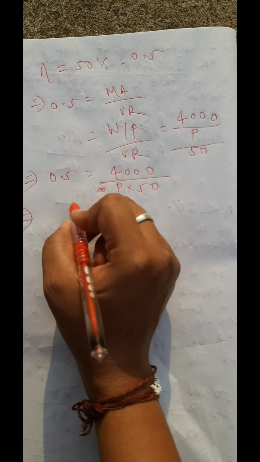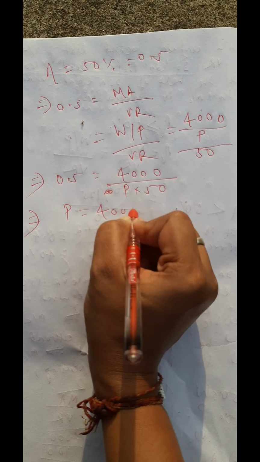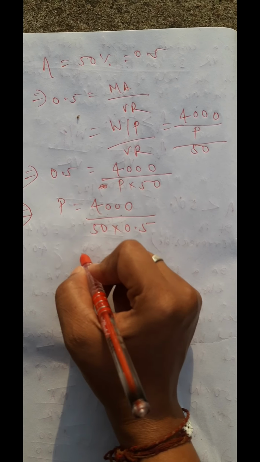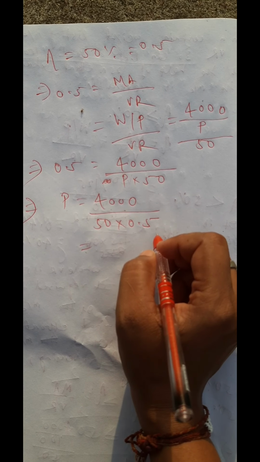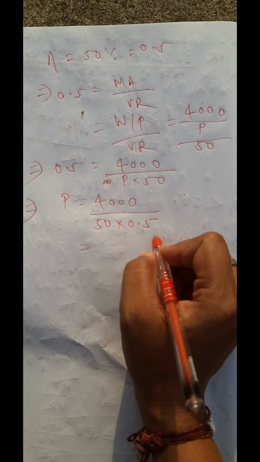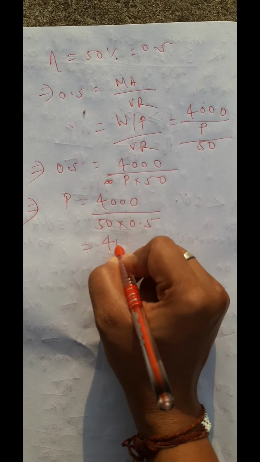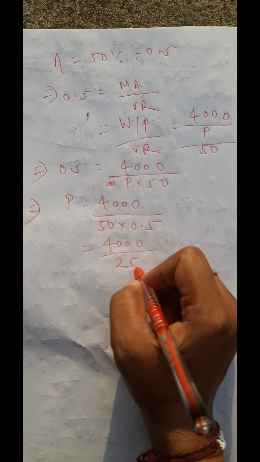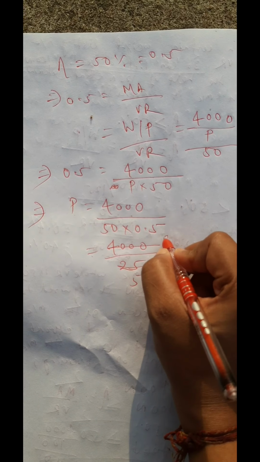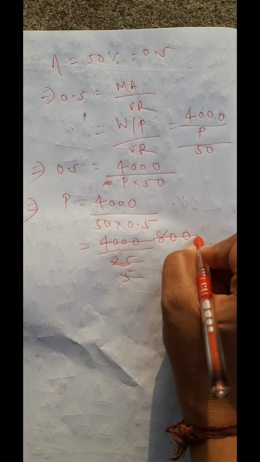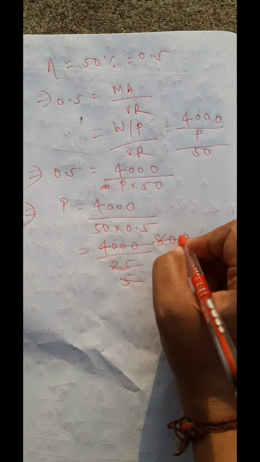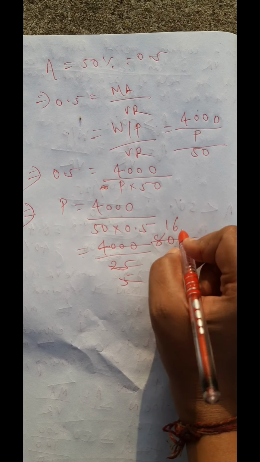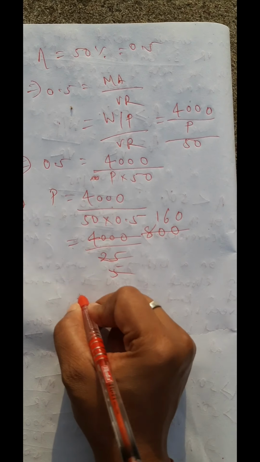That implies P equals 4000 divided by 50 into 0.5, and 50 into 0.5 means 25. 4000 divided by 25 is 160.